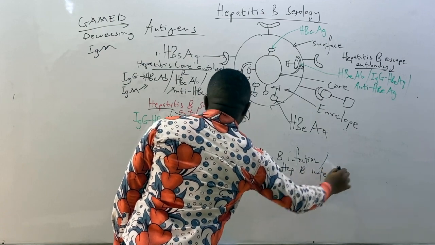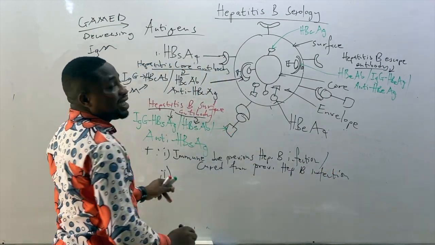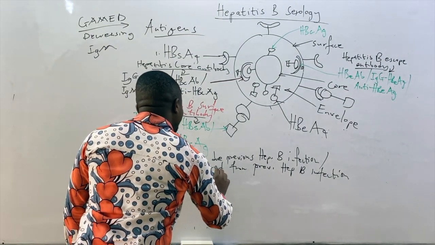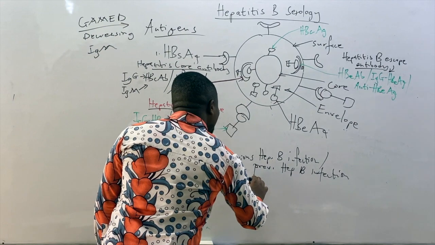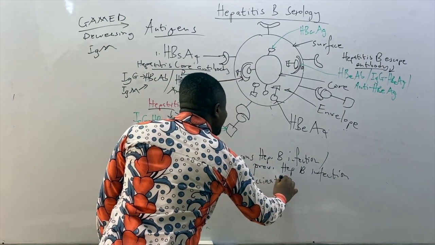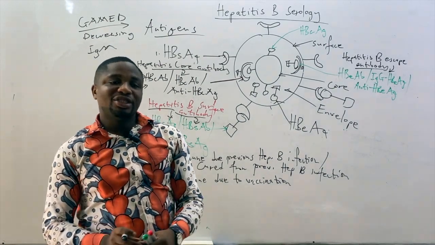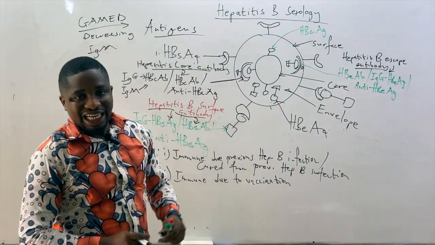Okay, that's another way we can put this. Or the second reason is immune due to vaccination, meaning that the purpose for which the vaccine was given, which I told you from the start, that it was given to stimulate the body to produce antibodies, has been achieved.